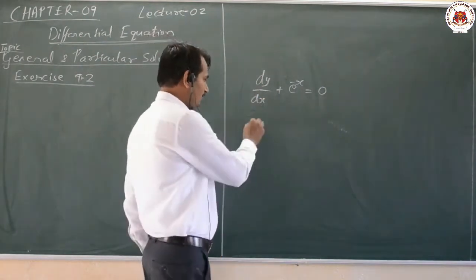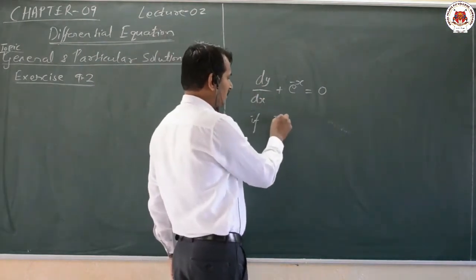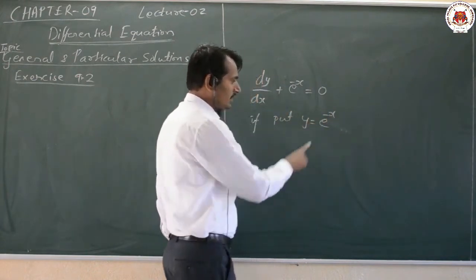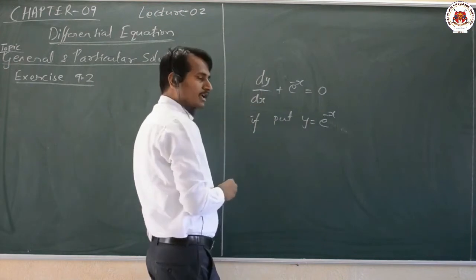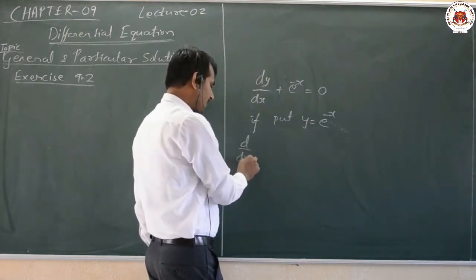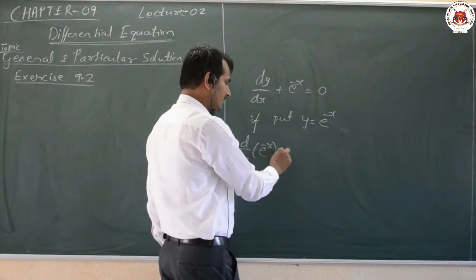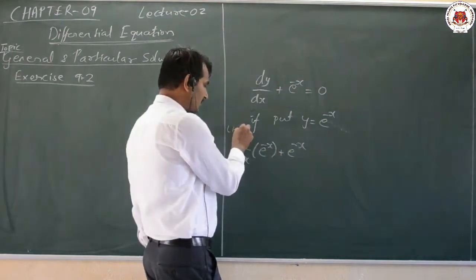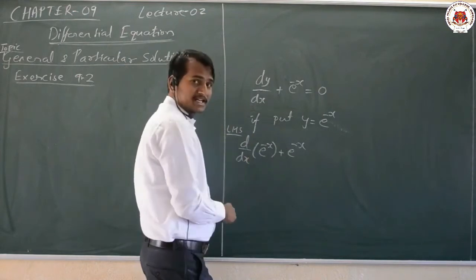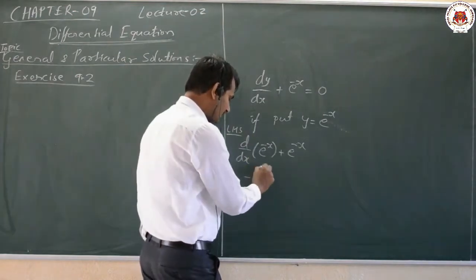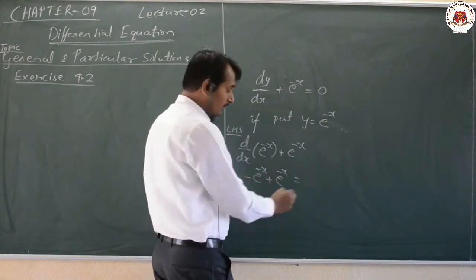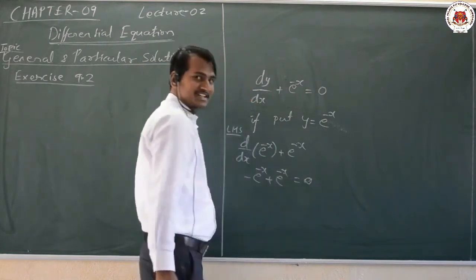Suppose I put y equal to e raised to minus x. What do we get? d by dx of e raised to minus x plus e raised to minus x, that is only the LHS part, dear students. The differentiation of e raised to minus x will be minus e raised to minus x, plus e raised to minus x, so minus 1 plus 1, the value will be 0, isn't it?